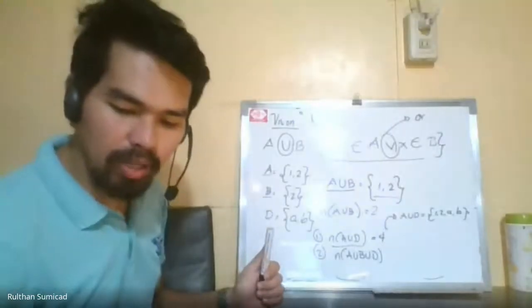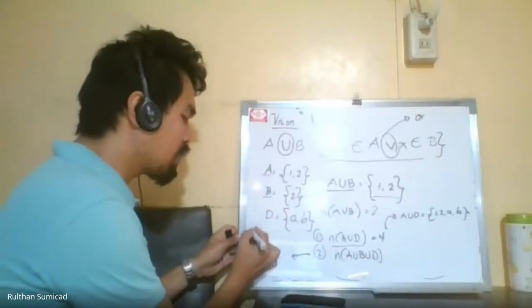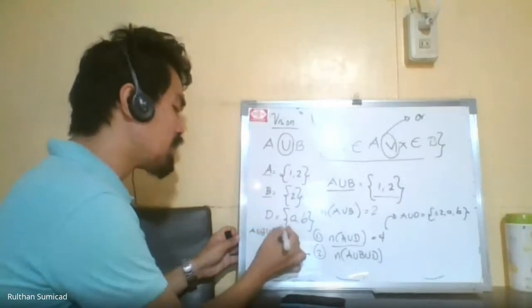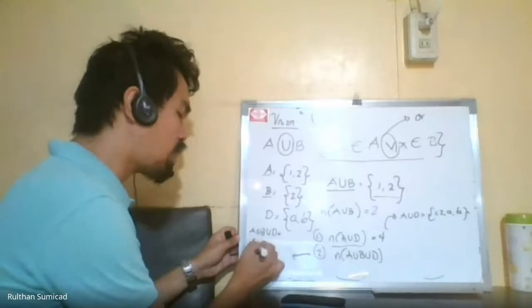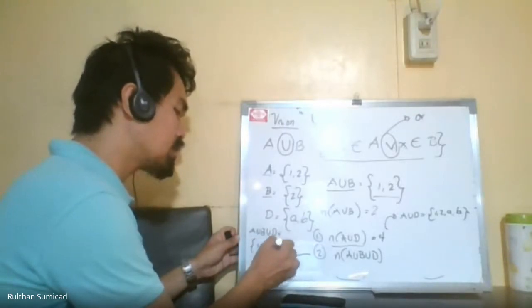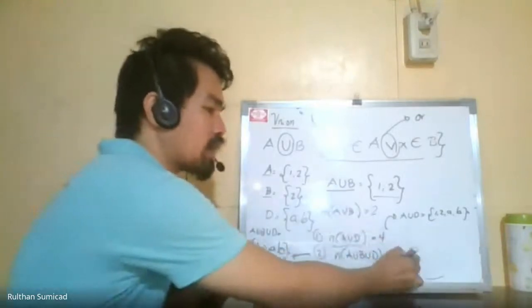Sorry sir, my mic was off. What are these four elements? The 1 and 2 and A and B. Okay, so in this example, our A union B union D is simply a set containing one, two, A and B. So you notice that's why our cardinality is four.